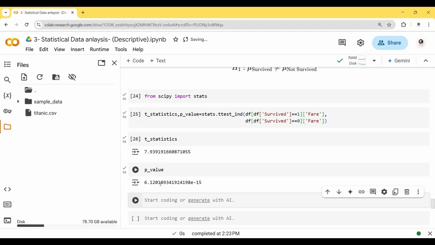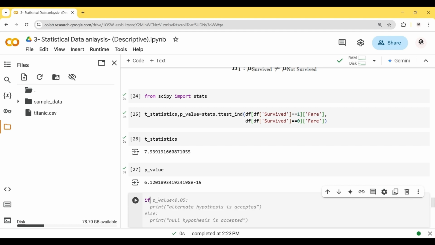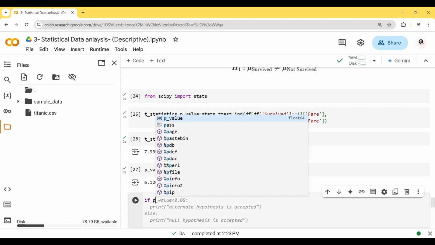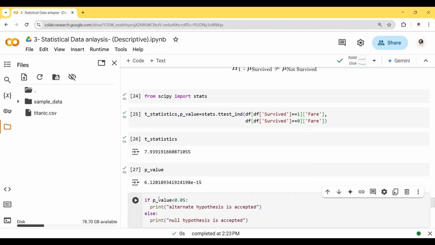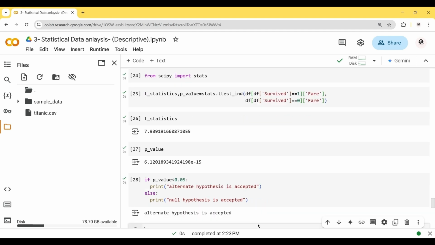It means we can accept our alternate hypothesis and reject our null hypothesis. You can write this in Python also: if p value is less than 0.05, the alternate hypothesis is accepted, else the null hypothesis is accepted. So this is my t-test implementation.